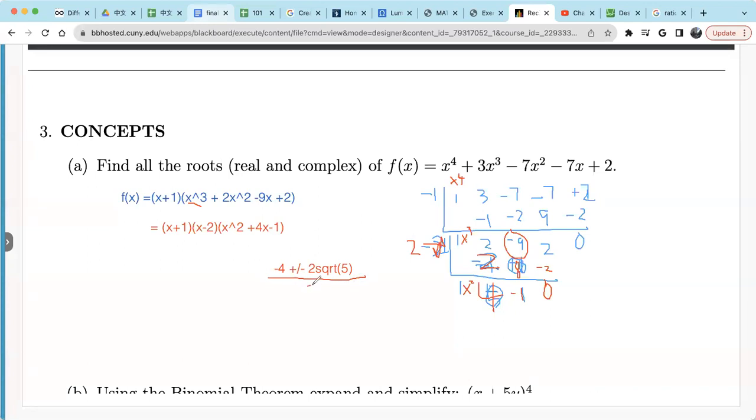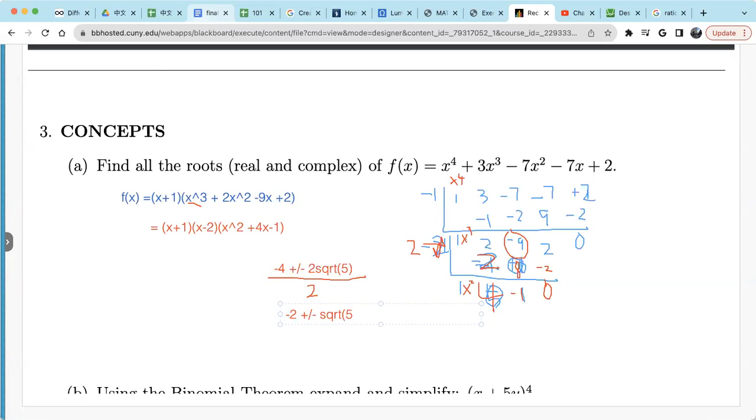A is 1, so it's divided by 2. And this can be simplified. -4 divided by 2 is -2, plus or minus. Complex roots come in pairs, and irrational roots come in pairs too. 2 divided by 2 just becomes 1, so I have the square root of 5.